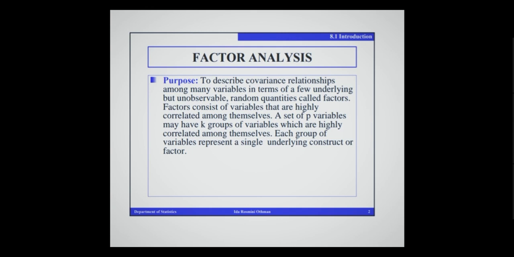Kita tengok dia punya correlation relationship, okay, using the covariance. Okay, factor consists of variables that are highly correlated among themselves. So we observe the correlation between the variables. If we can see the correlation between the highly correlated of the variable, we group that variables as one factor.